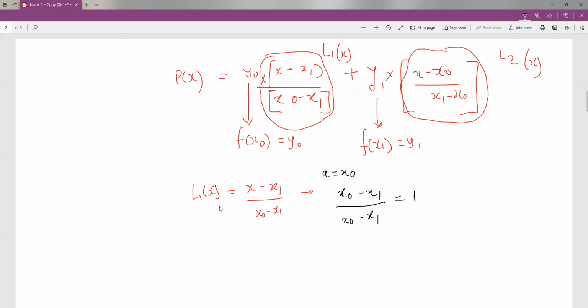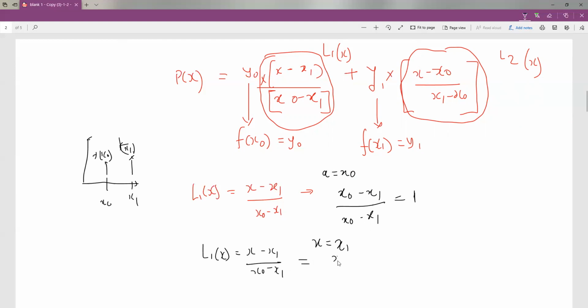And if I try to evaluate this same function at x equal to x1, because we have only 2 points, x0 and x1, it gives me 0.